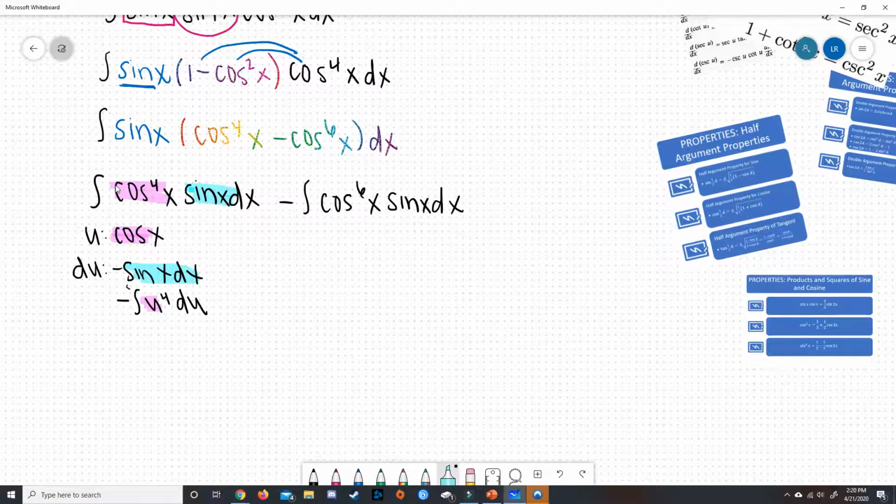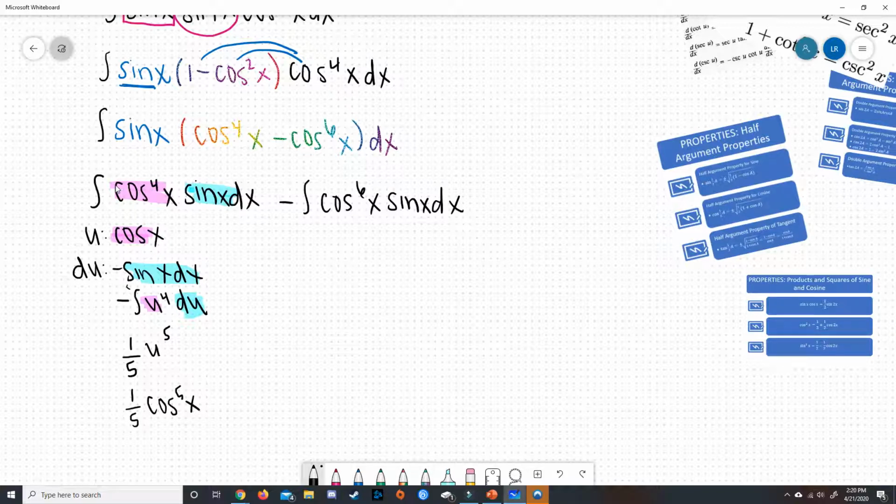What I was missing was the negative out front of sine, and so I just put it out front. And now I can integrate this. I increase the exponent by 1 and divide by that. This is going to be 1/5 u to the fifth. And I have to replace my u, so this is 1/5 cosine to the fifth of x.